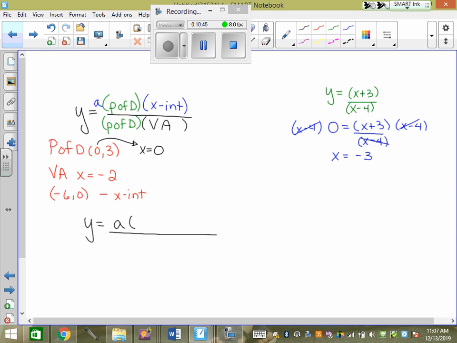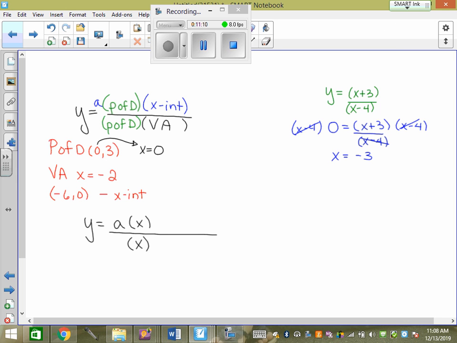And my point of discontinuity is x and x. So I need to have a factor on the top and the bottom. Think about it. If the factor x canceled off, what would be the x of my point of discontinuity? 0. No, we use the 3 to find the a. Okay, so we put in our point of discontinuity, top and bottom, right?